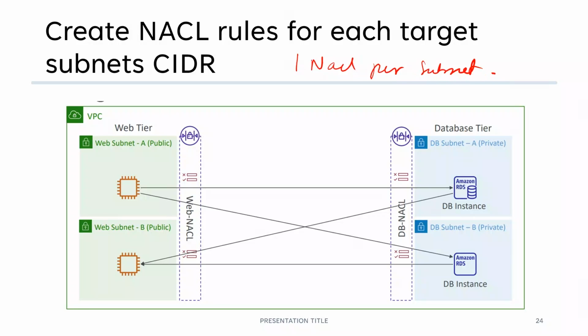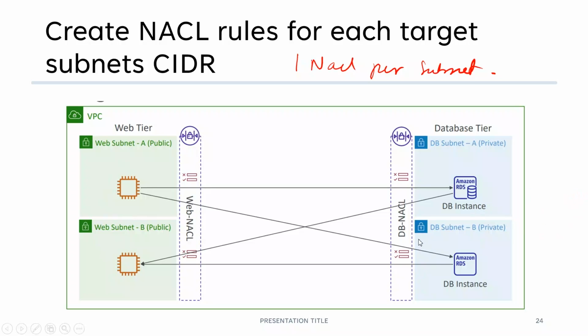A subnet should have one NACL, but one NACL can have multiple subnets. It means that one NACL can be associated with multiple subnets. That's what I meant to say. I hope that makes a lot of sense.